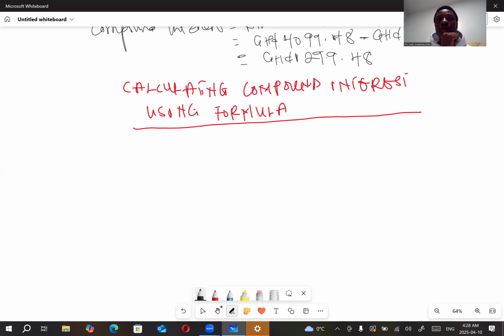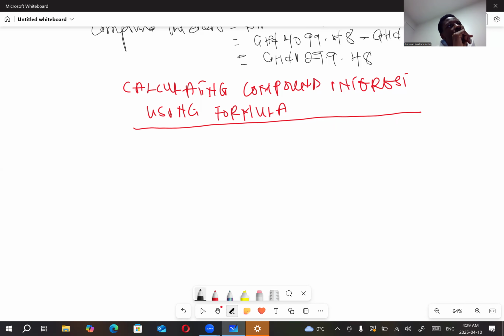It's compulsory. So all the time, pay attention to the question. If it's forcing you to use formula, use formula. But if it's just saying calculate compound interest, then you can solve using whichever you are comfortable with. Let's start.